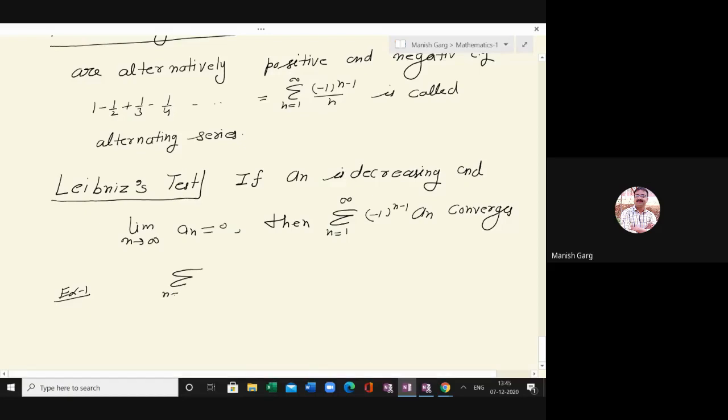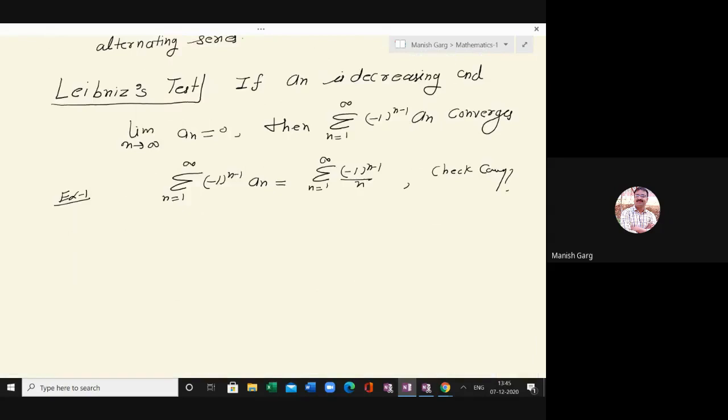Suppose you have this series. The question is to check convergence. So again, this is an alternating series. You cannot apply the ratio test or root test. So here a_n is equal to 1 by n. Solution.